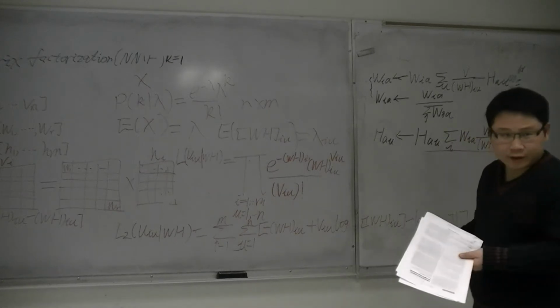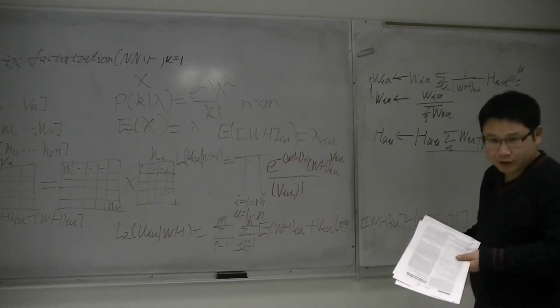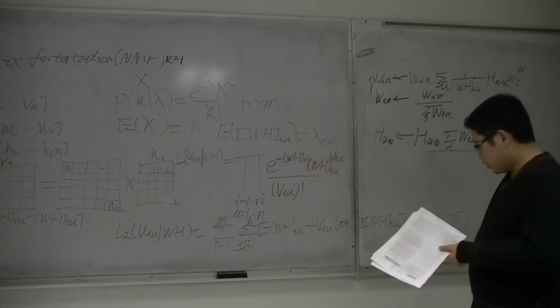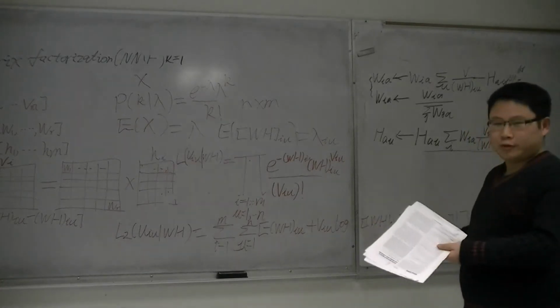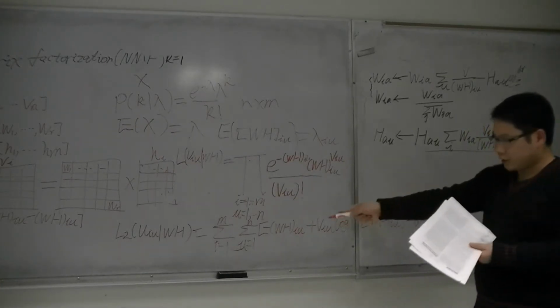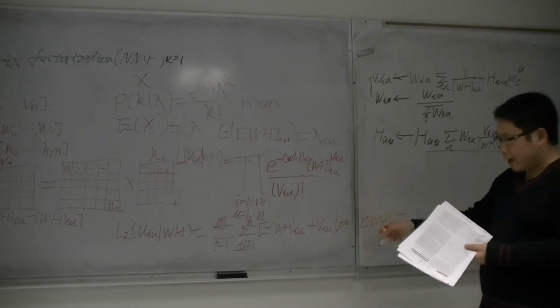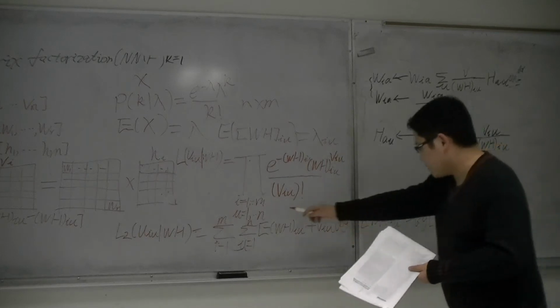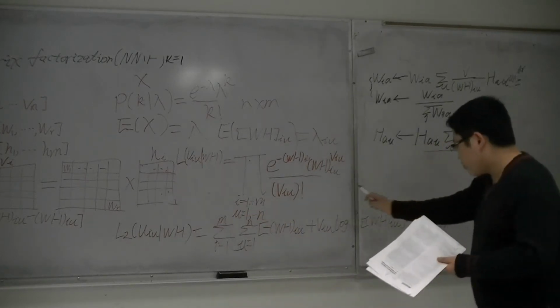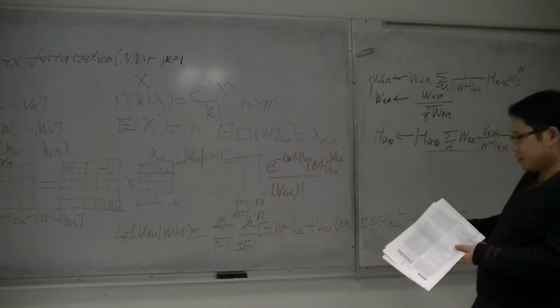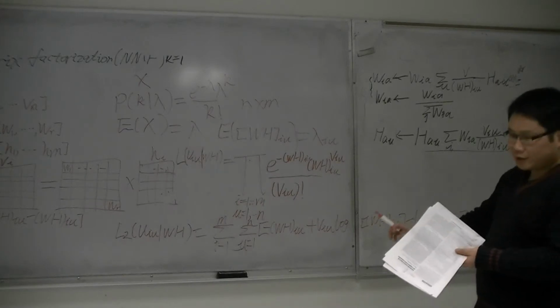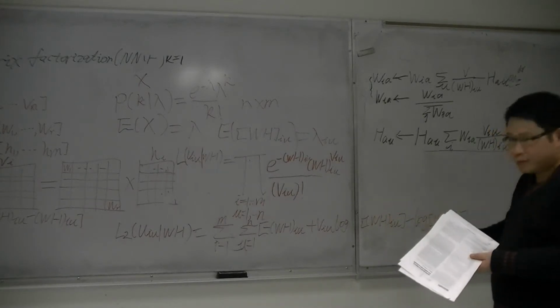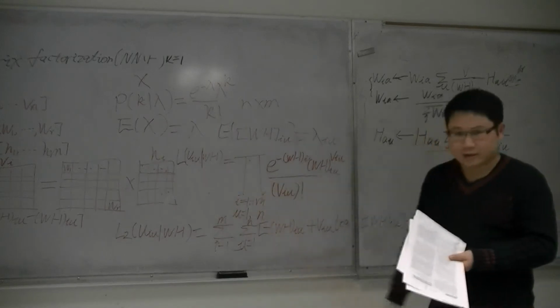This is constant. For example, this is constant, so we can throw away this part. It does not affect the objective function. If this part can reach a maximum, this is constant, so we need not consider this part.